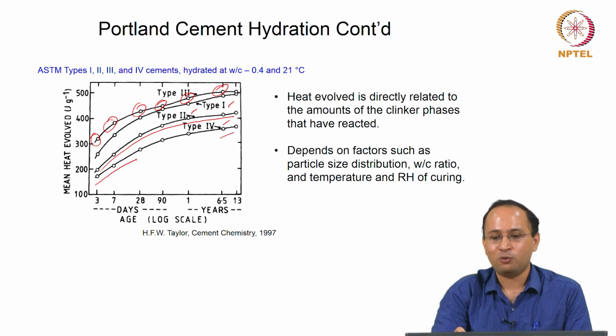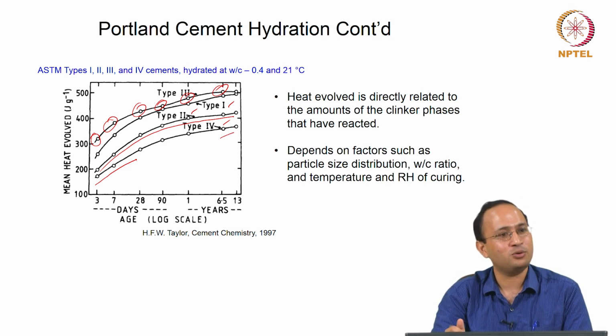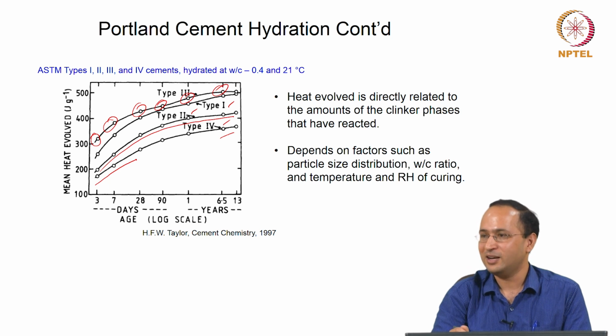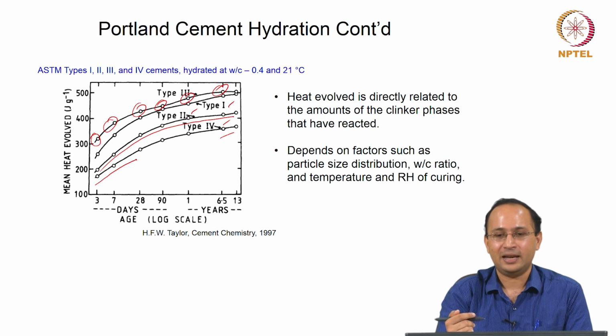So, heat evolved is directly related to the amounts of clinker phases that have reacted. What you see here, you see the difference, right. That difference is because you have different phases. The phase composition of cements are different. Type 1 cement has maybe less C2S compared to type 4.